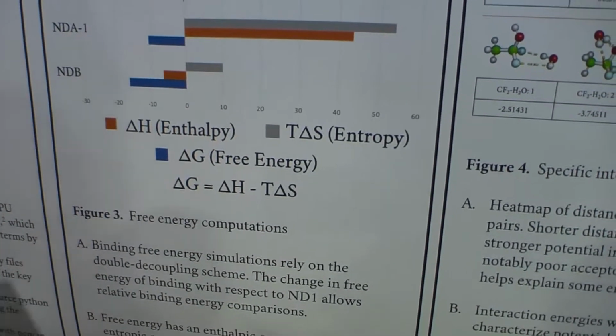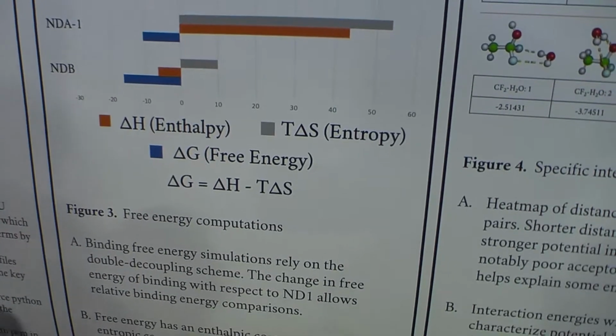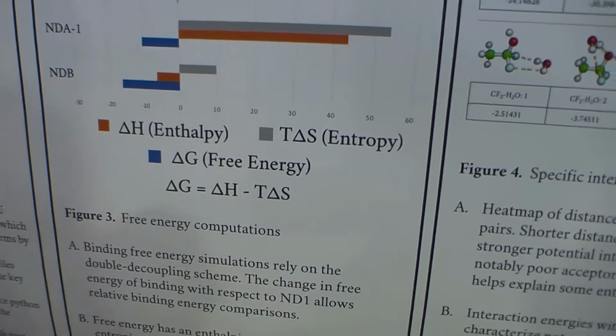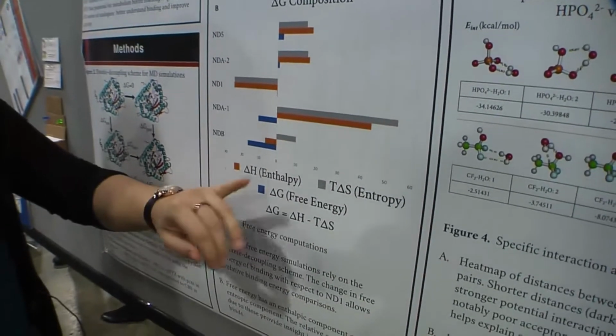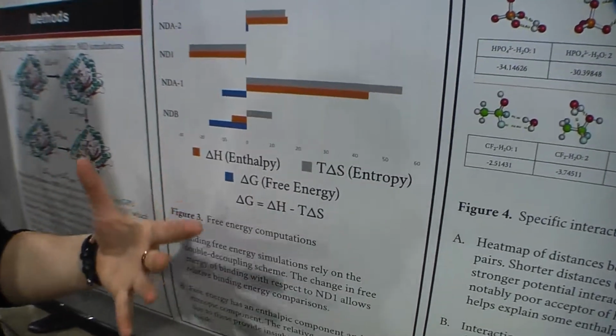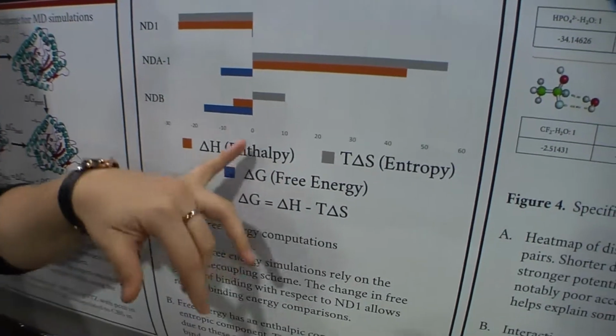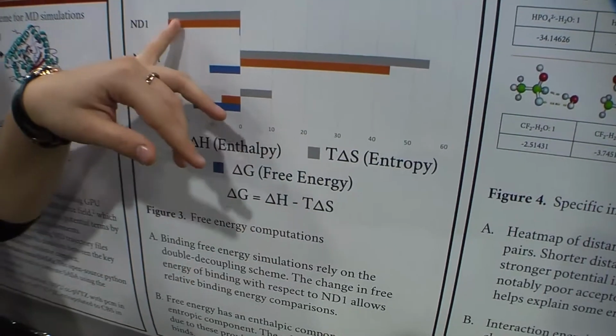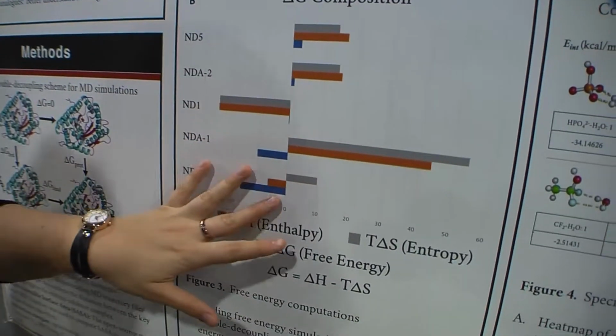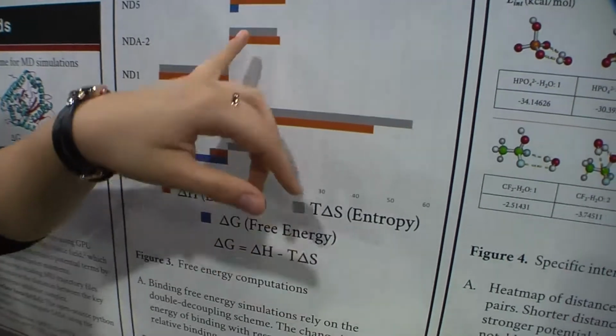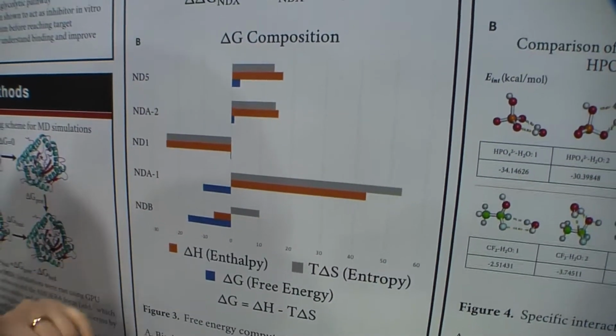And the relative contributions provide a little bit of insight into how these series bind. So while, for example, some might be enthalpically driven, others will be entropically driven. So NDB and ND1 are both enthalpically driven, whereas these are more closely entropically driven.